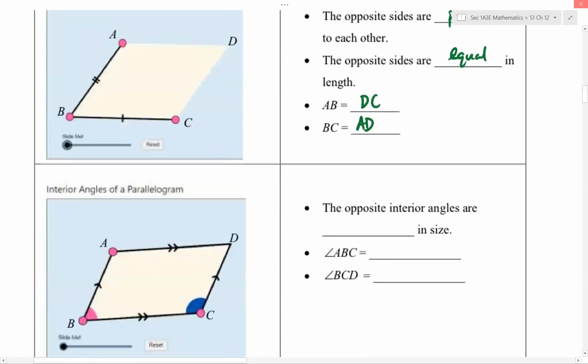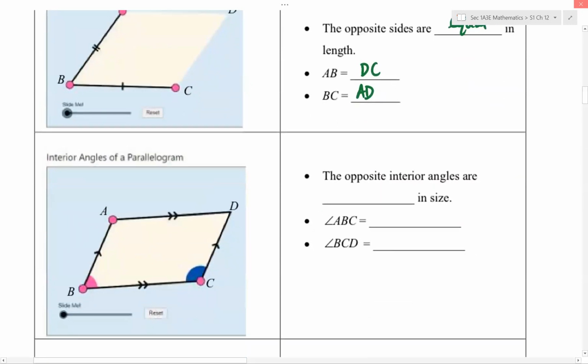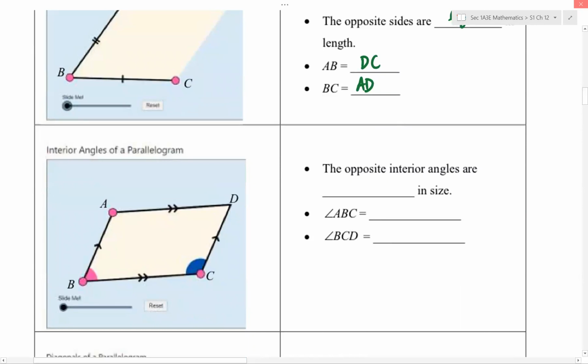Next, the opposite interior angles. Opposite interior angles are equal. You see the writing not very good. Equal. So where are the interior opposite angles? So for example, this angle in green will be equal to this angle. You can see it for yourself, right?